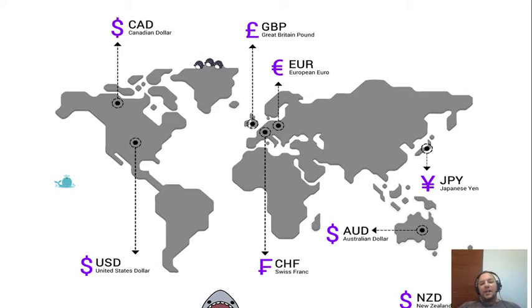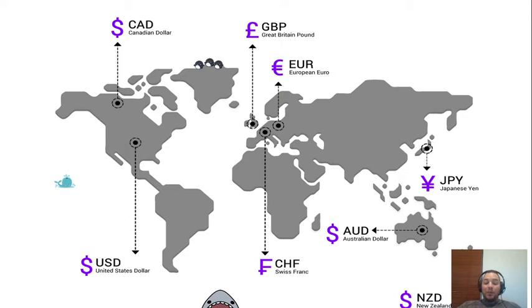If you look at this diagram here, it's a picture of the world. You have on the top left CAD, which stands for Canadian dollar. Underneath that, you've got the USD, which is the United States dollar. To the right of that, on top, we've got the GBP, Great British Pound. You then have the EUR, which is the European Euro, which is what we call the Euro.